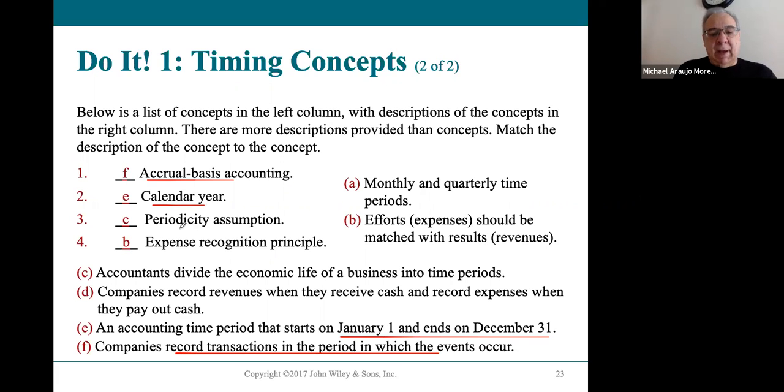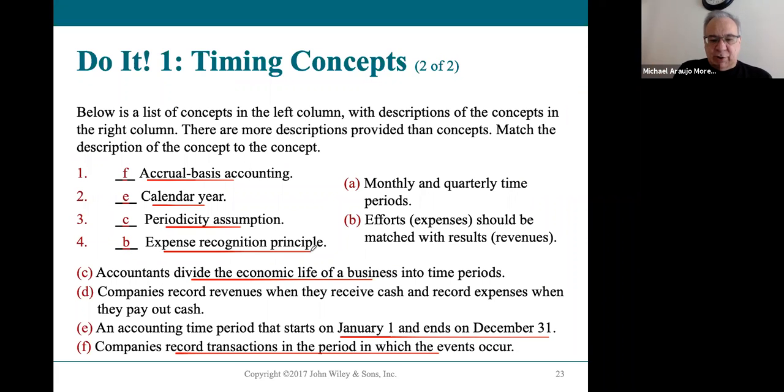Periodicity assumption, as we know, is that dividing of the business into time periods. What are the time periods? The shortest time period is a month. The longest time period is a year. After that year is done, we have to go through a process of closing the books to keep records separate year to year to year.